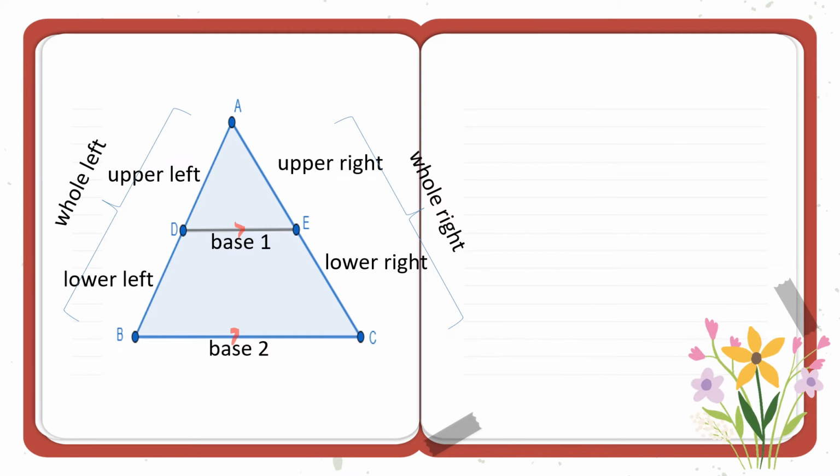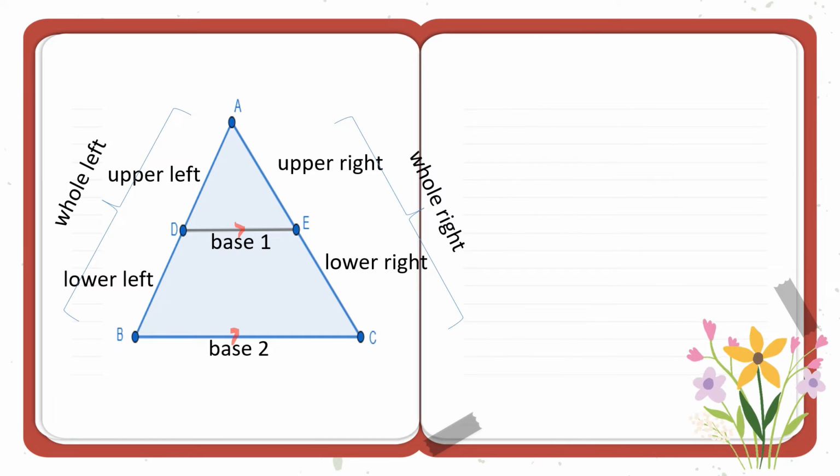So we have the upper left, that is AD, lower left is DB, whole left is AB. We have the upper right is AE, lower right is EC, and then the whole right is AC. So we can derive the following proportions.